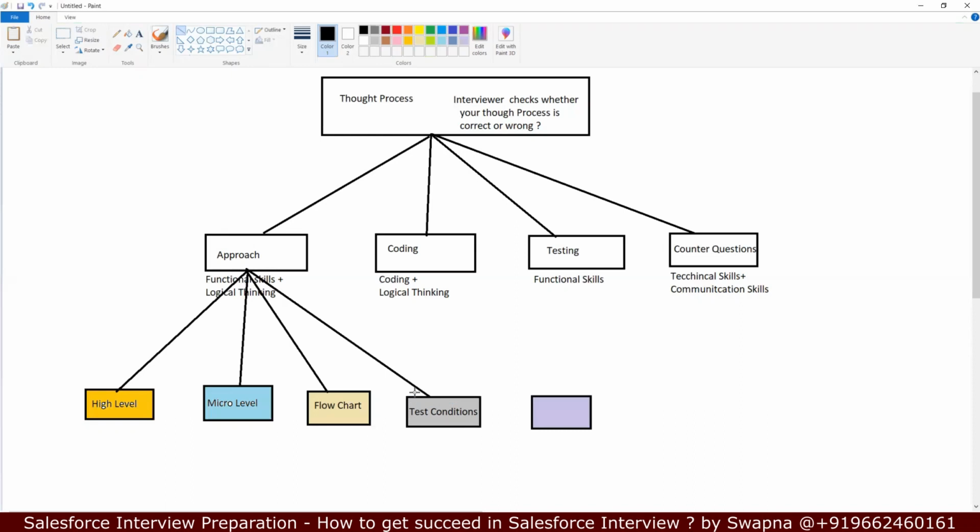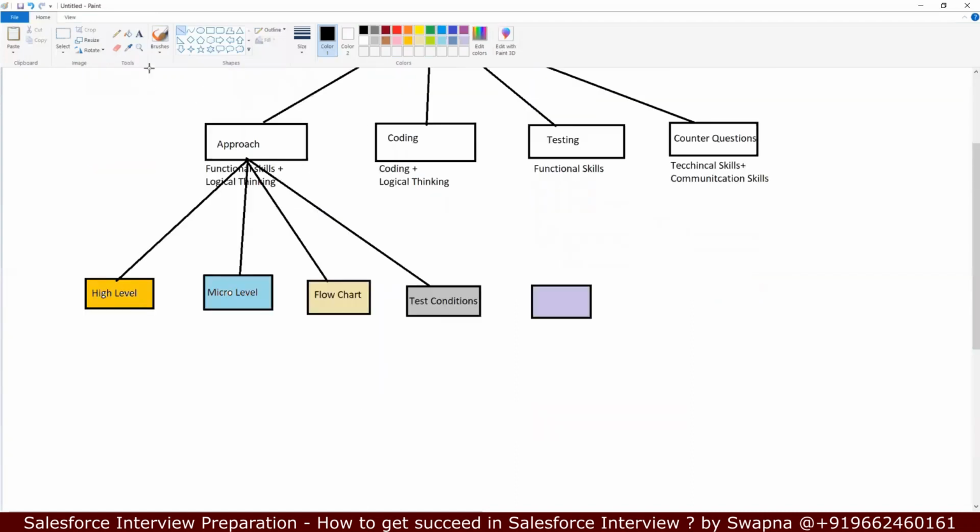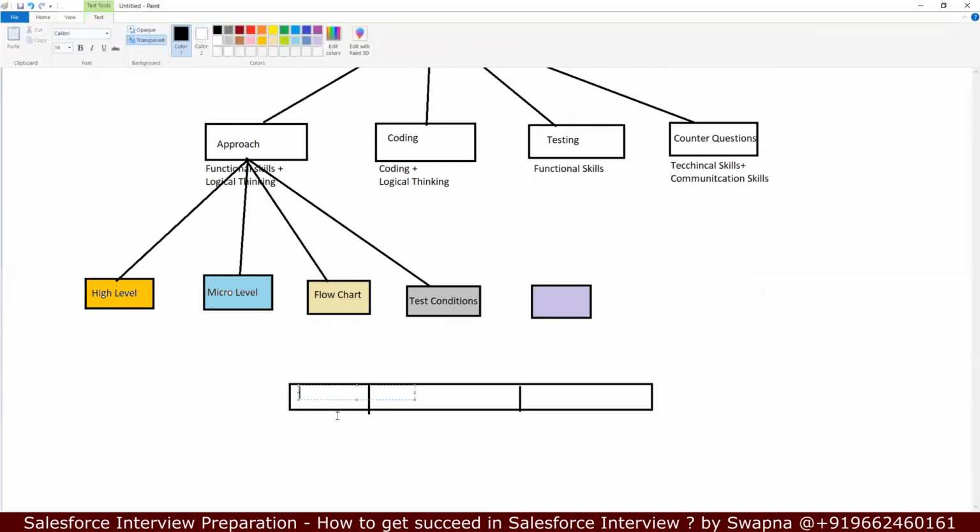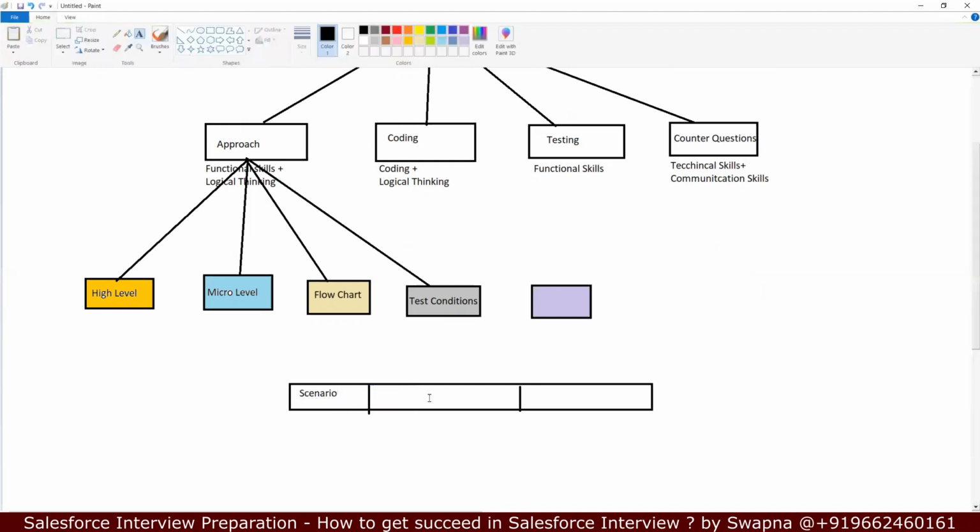So how will you note down all the possible scenarios? Let's take it like this: divide the test conditions into 3 parts. Okay. What is my scenario? What is my scenario in the test scenario?